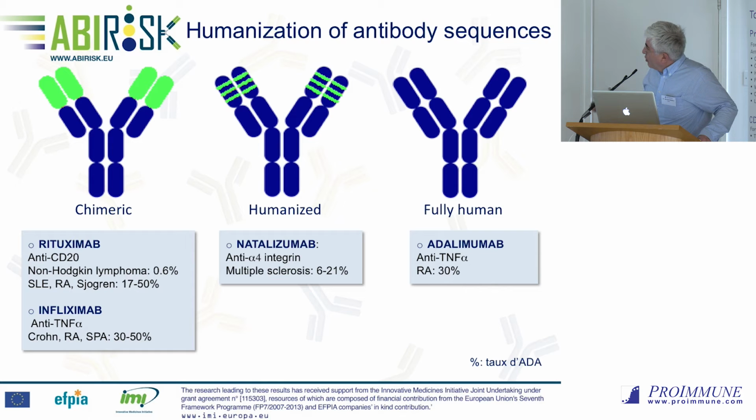So we have cohorts of patients treated by these therapeutic antibodies, and in a particular work package, we are investigating the T-cell epitopes of these products. And this is what I will show you today.